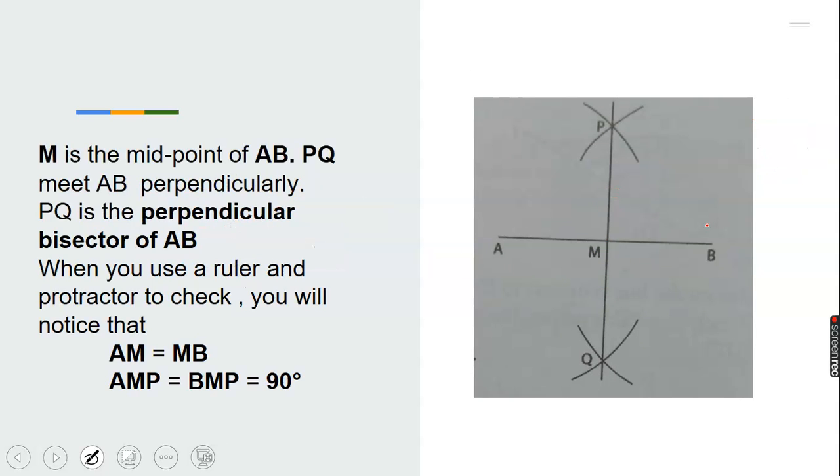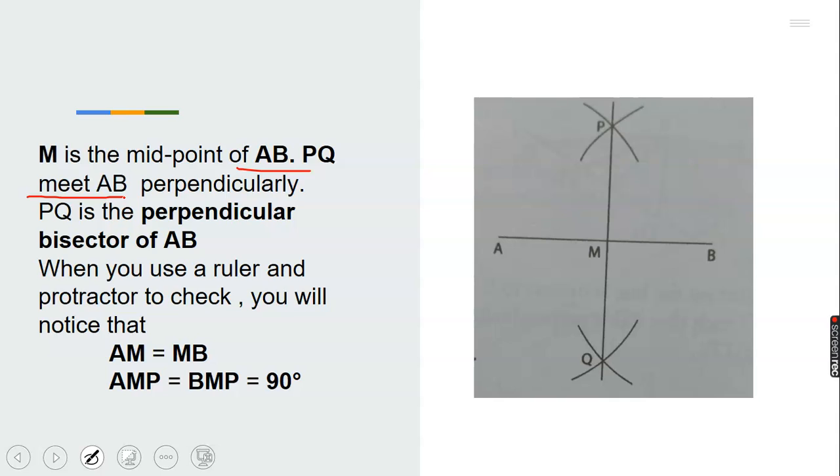Now look at, M is the midpoint of AB. PQ meets AB perpendicularly. It is the perpendicular bisector of AB. That is, you bisect AB and at the same time it is perpendicular to AB.